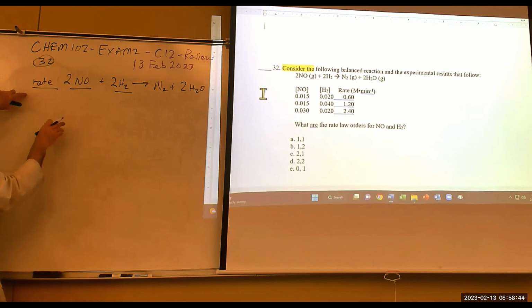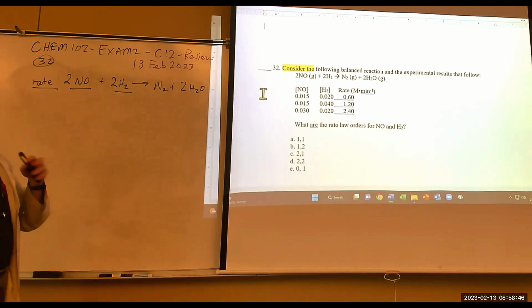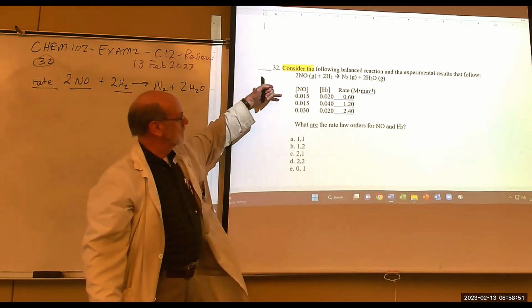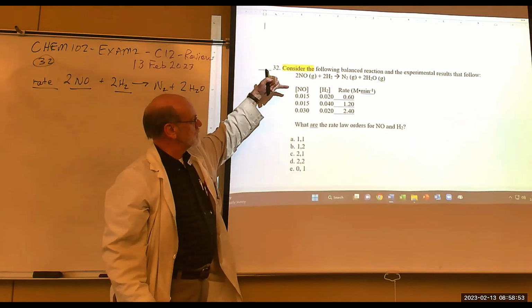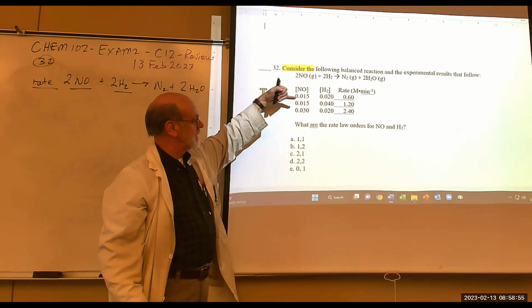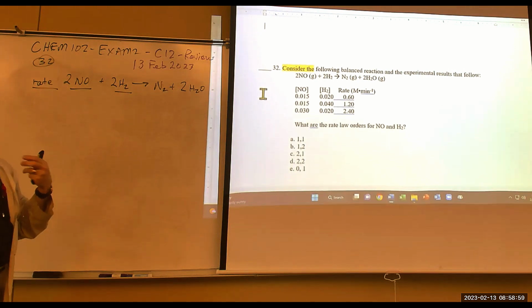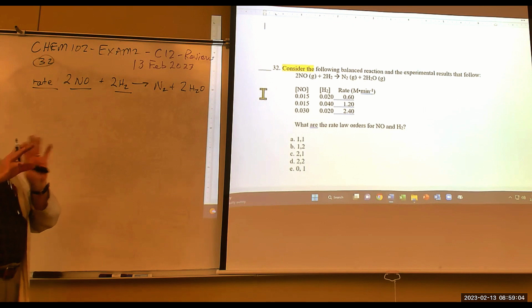So this is an initial rates problem. We've got separate experiments. When the concentrations are this, you get that rate, this, you get that rate, this, you get that rate. And we have 3 experiments because we only have 2 terms, and 3 experiments will give us every combination.